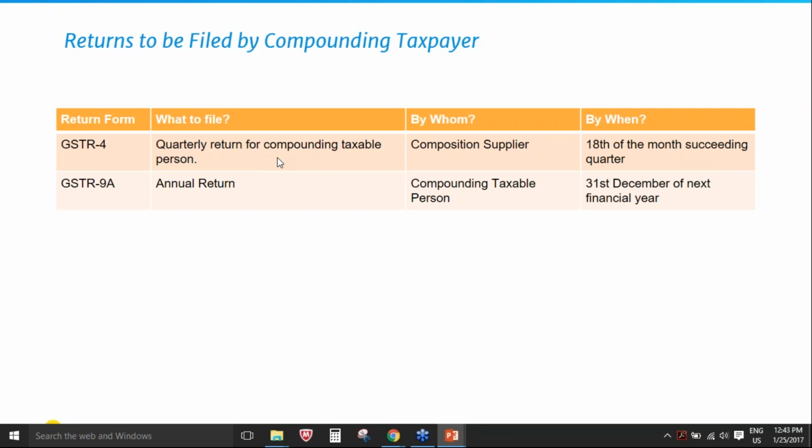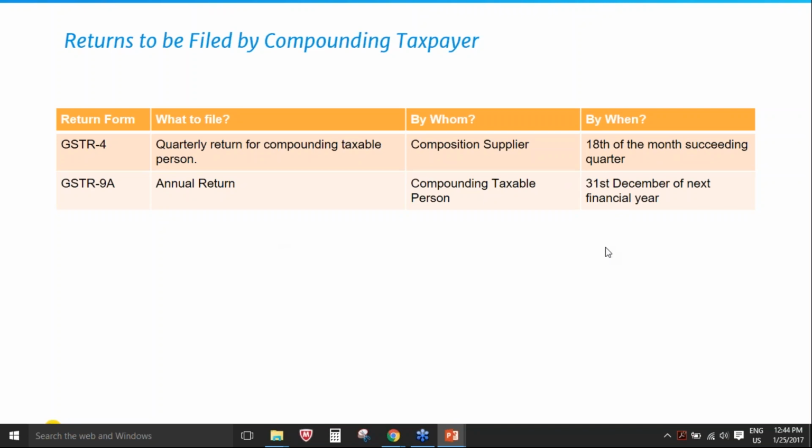Will aggregators like Uber, Ola be covered under e-commerce operator? Definitely yes, and that is the reason why we see so many representations from these aggregators. Aggregator has been defined under GST law.